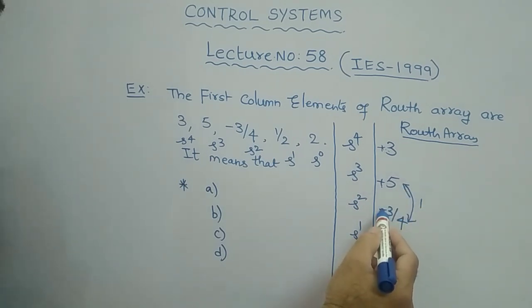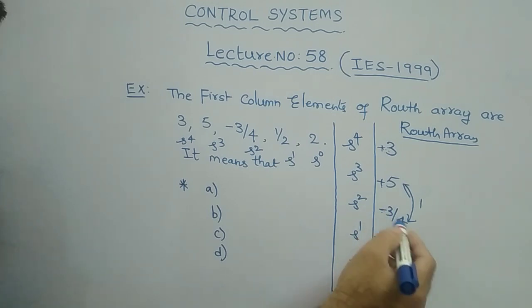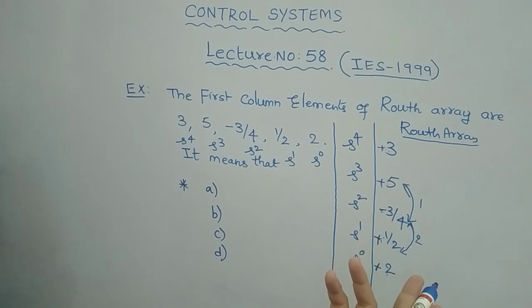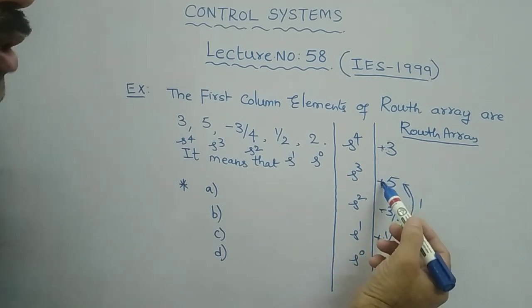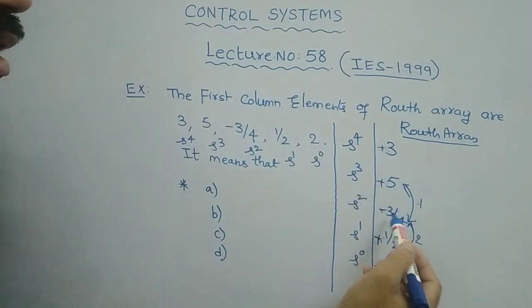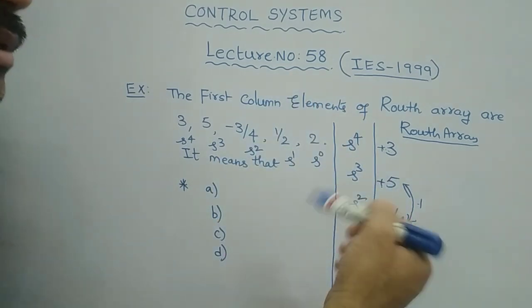Similarly, minus 3 by 4, this minus to plus, there is another sign change. And again 1 by 2 to 2, here plus is there, again plus is there, plus to plus, therefore there is no sign change. Clear? So plus to minus, we have one sign change, and from minus to plus, another sign change.